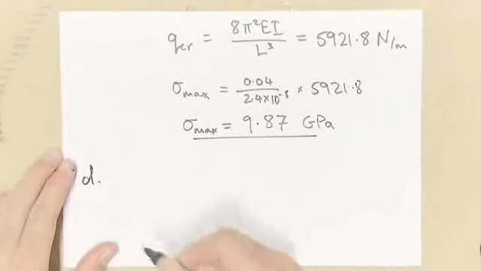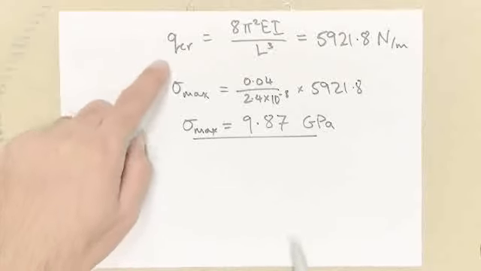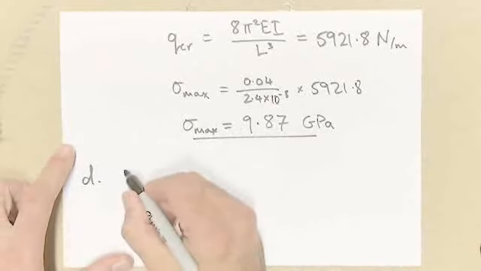Okay, part D. Part D asks, if the yield stress was 200 megapascals, which one would happen first? Would this cause buckling? Would the horizontal beam yield because the maximum stress is past the yield stress? Well, obviously it will yield first.